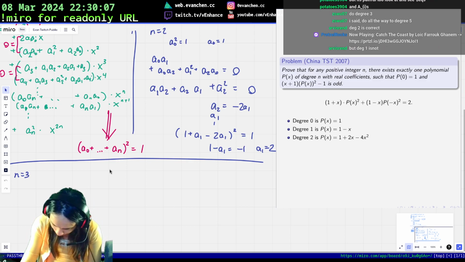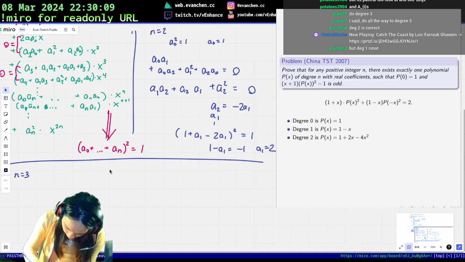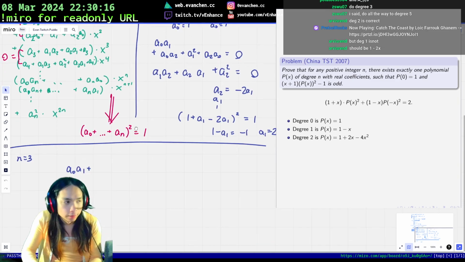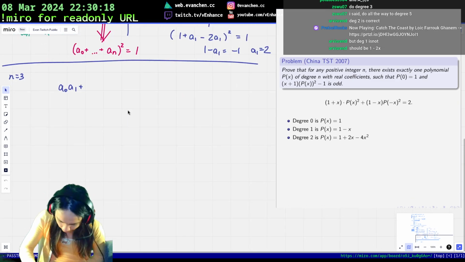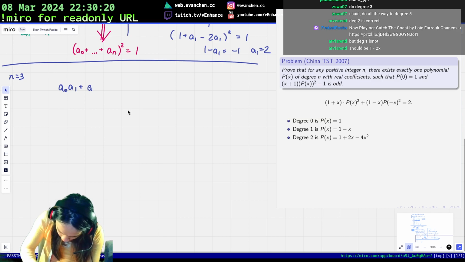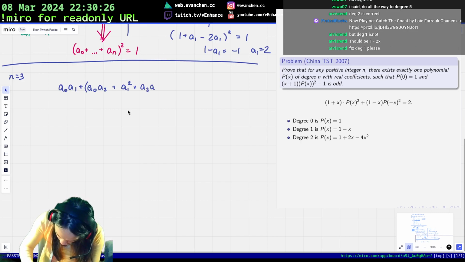I really don't want to do this, honestly. Okay, so it's the same thing to start, so 1 and 2. I already dropped a factor of 2.